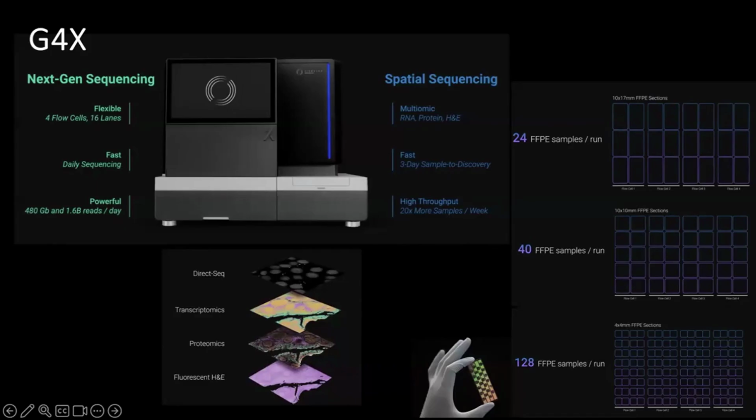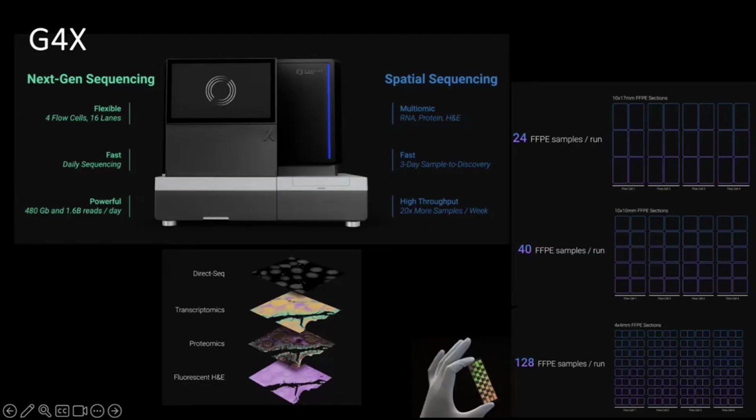So before going to the table, we are going to talk a little bit about the G4X. This is a brand new technology from Singular Genomics that is very promising. With the same instrument, you can do next generation sequencing and spatial transcriptomics and proteomics, so basically multiomics, with RNA, protein, H&E, everything on the same slide.